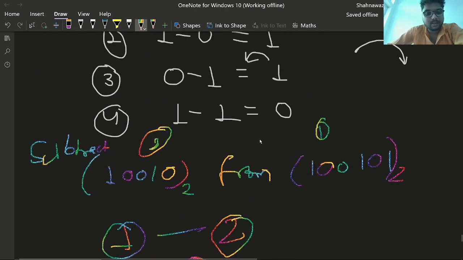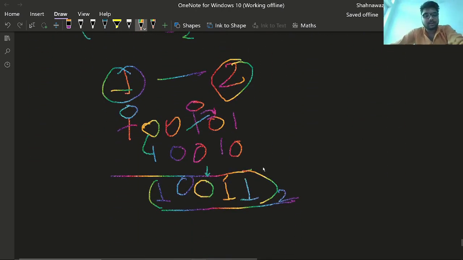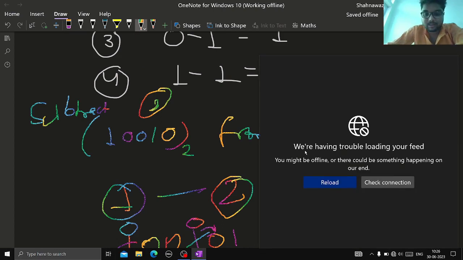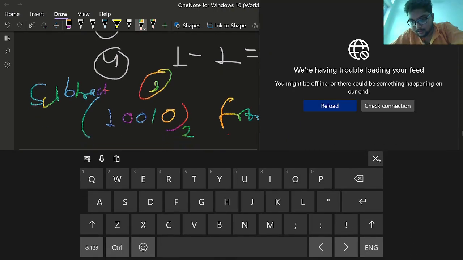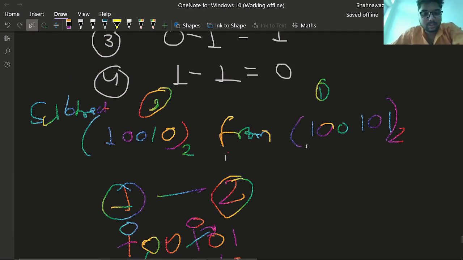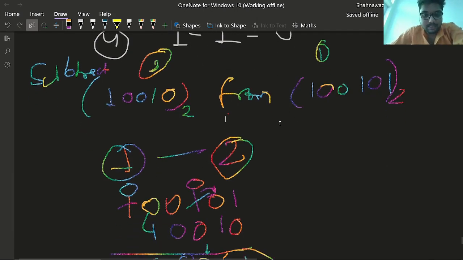Now, in the arithmetic addition operation, I told you that you can convert these numbers into arithmetic form, add them, and then easily get the binary format.